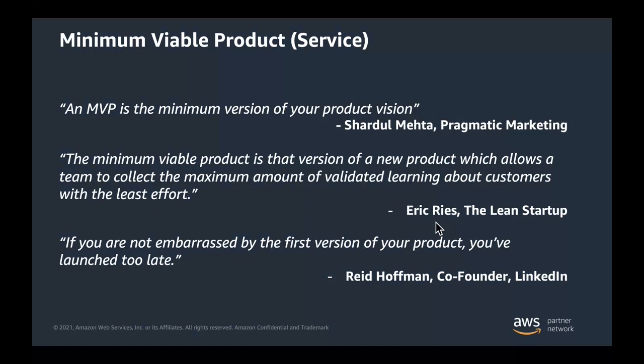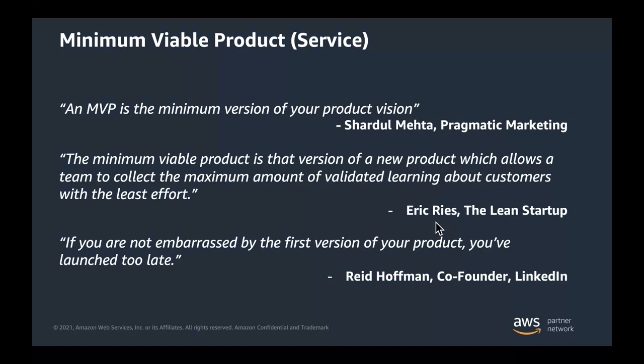One source defines MVP as the minimum version of your product vision. Or in the book The Lean Startup, Eric Ries defines it as the version of a new product which allows a team to collect the maximum amount of validated learning about their customers with the least effort.